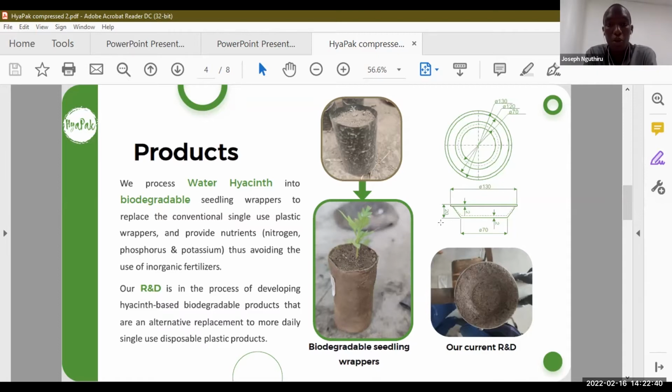Also, when this water hyacinth decomposes, you get nitrogen, phosphorus, and potassium, which are organic nutrients needed by the plants to grow. That way, you avoid the use of inorganic fertilizers, and you have a flourishing plant. As you can see on the right, our R&D is in the process of developing water hyacinth into daily use products, such as the plates you get at parties, straws, and tumblers. Charles?